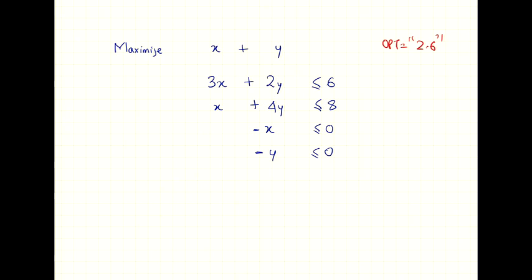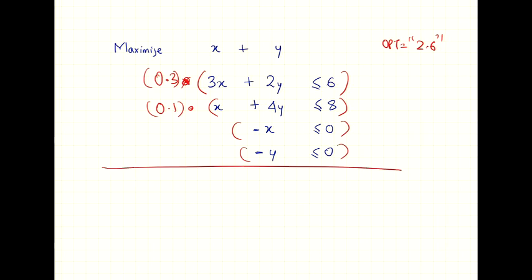Well, I'll say, take this constraint, multiply it by 0.3, take this constraint, multiply it by 0.1, and then add them, with 0 times the other constraints.